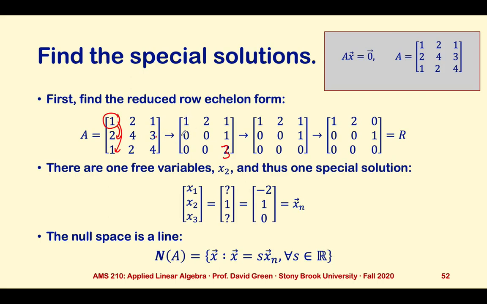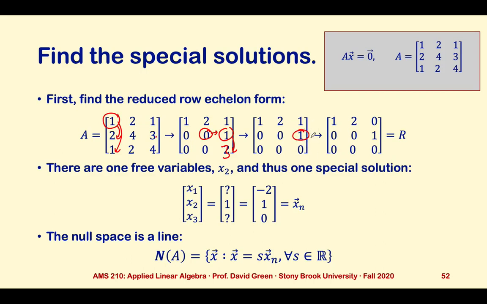Then we move over and to the right. We would use this entry for a pivot. It's 0 and already has zeros below, so we simply skip, move over to our next pivot, and eliminate downwards. 3 minus 3 gives us 0. This is now an echelon form, but not a reduced row echelon form.